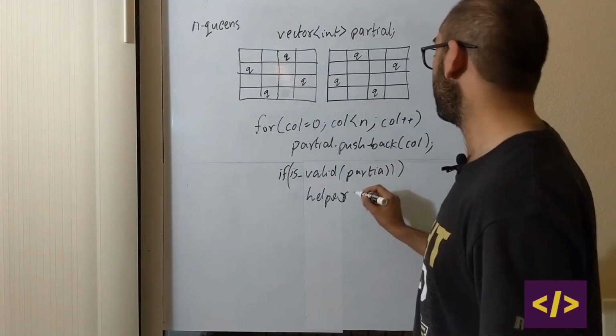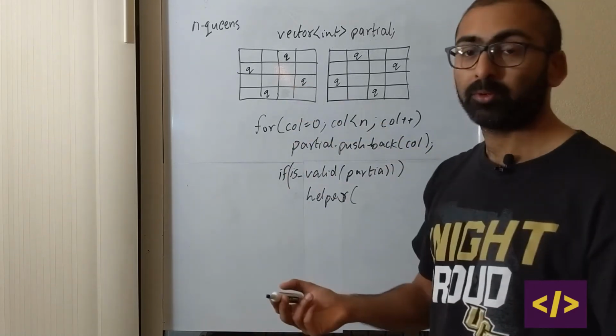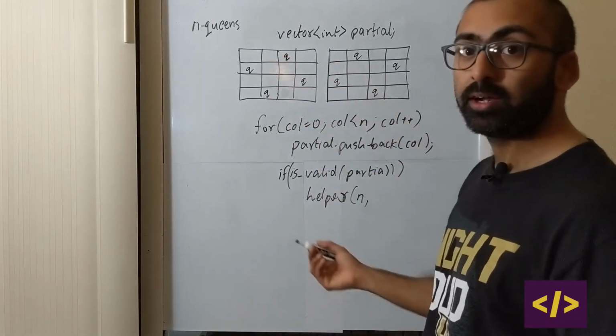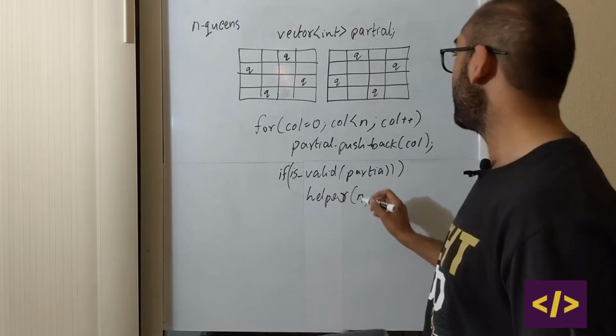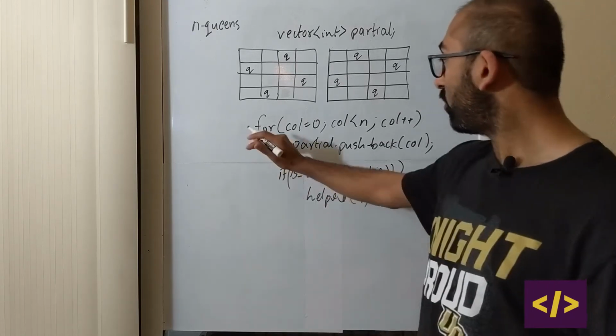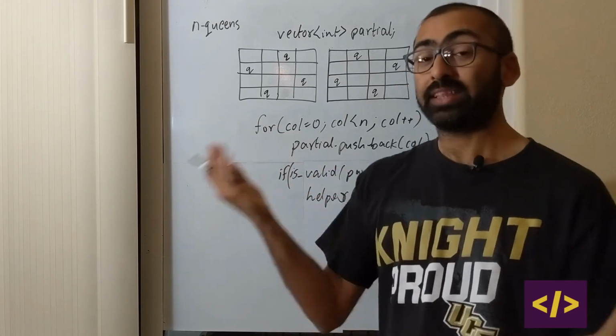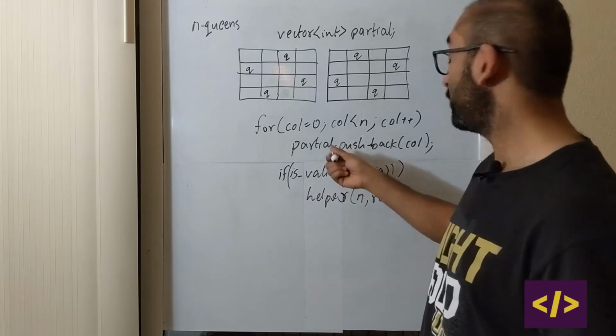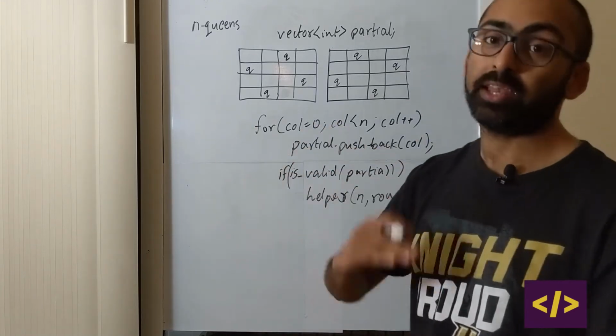I'm going to call the helper function, and what are we going to pass? Well, for one, we'll have to pass how big our chessboard is. We'll have to pass what row we are at right now. Now, since we think we've found a good candidate, we're going to use that value, and then we're going to move into the next row, right?